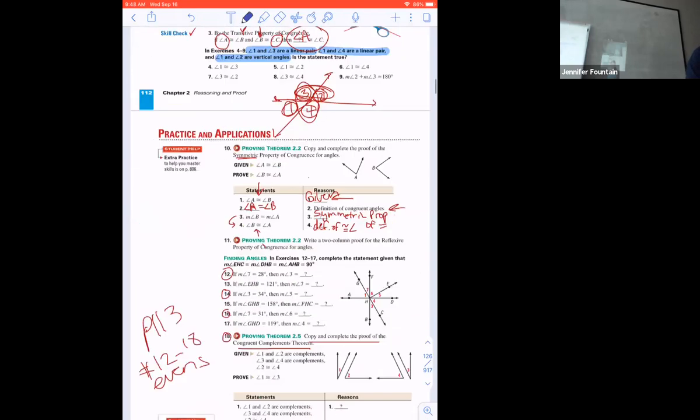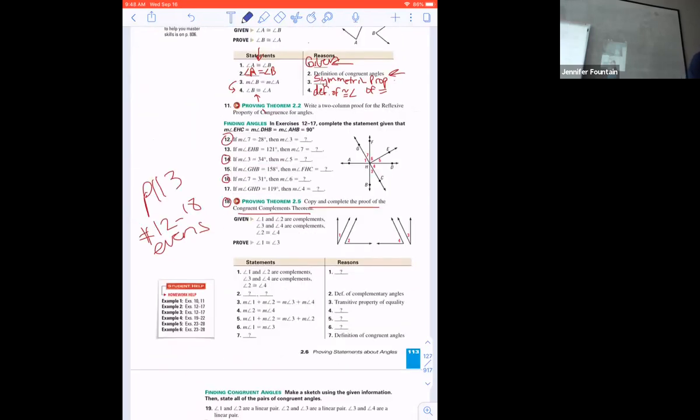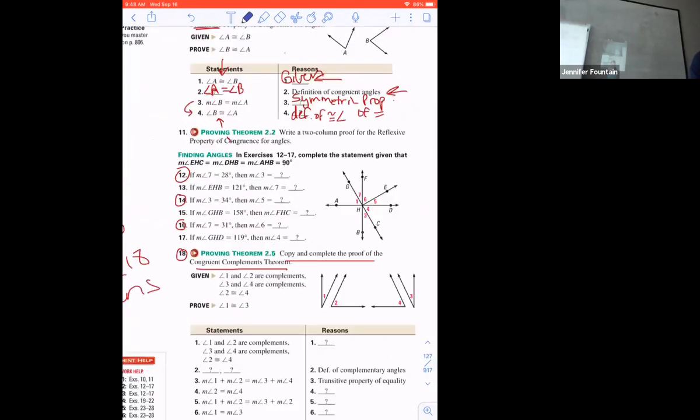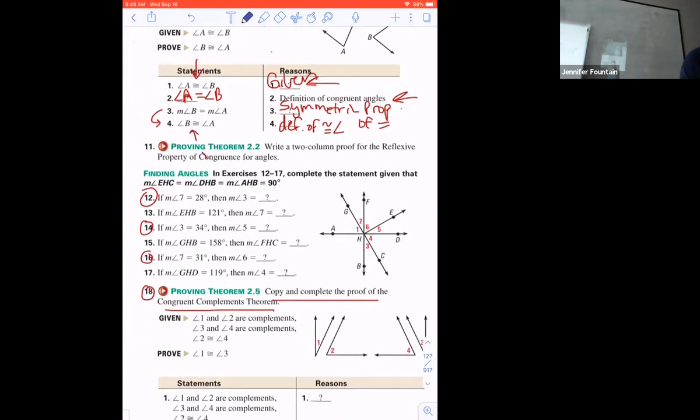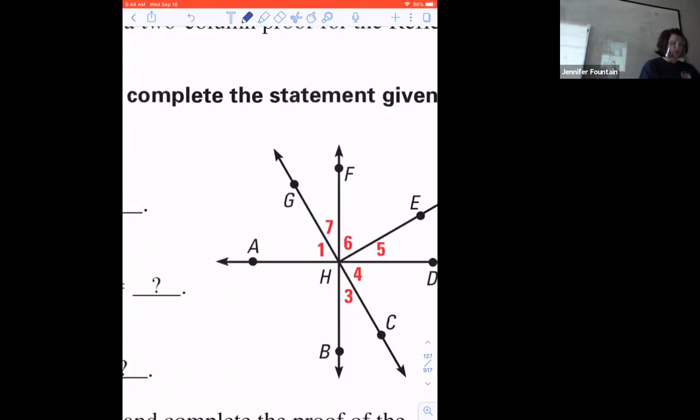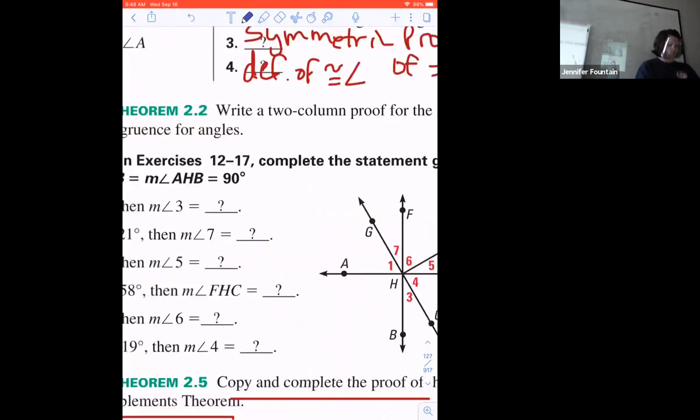Okay. 113, we had 12 through 18 evens. So we've got a figure. We have some given information that angle EHC is equal to DHB and AHB, which is equal to 90 degrees. So I can go ahead and fill in everything that I know.